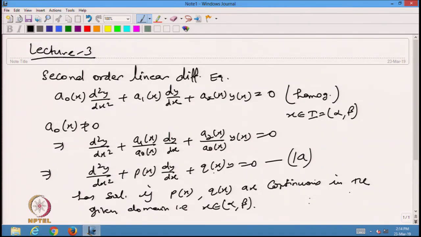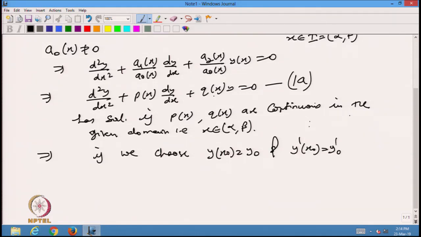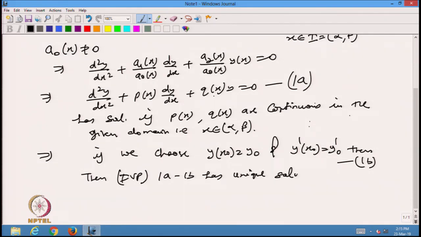Now if we choose some initial condition y at x naught is equal to y naught and y dash at x naught is equal to y naught dash, which I call 1b, then the initial value problem, that is 1a and 1b, has a unique solution in the given domain, between alpha and beta.